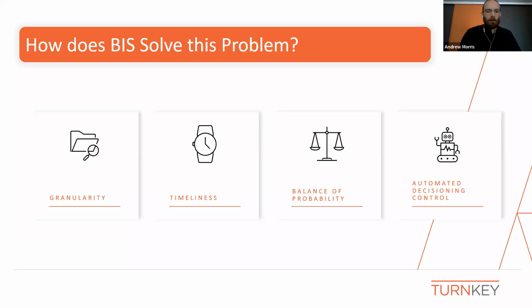Absolutely. The world isn't black and white in terms of do we allow things. Often there's questions, often there's exceptions, and BIS allows you to balance those on a scale of probability. So for example, you might have a complete block on politically exposed people unless it's this certain department of this certain government in this certain country.